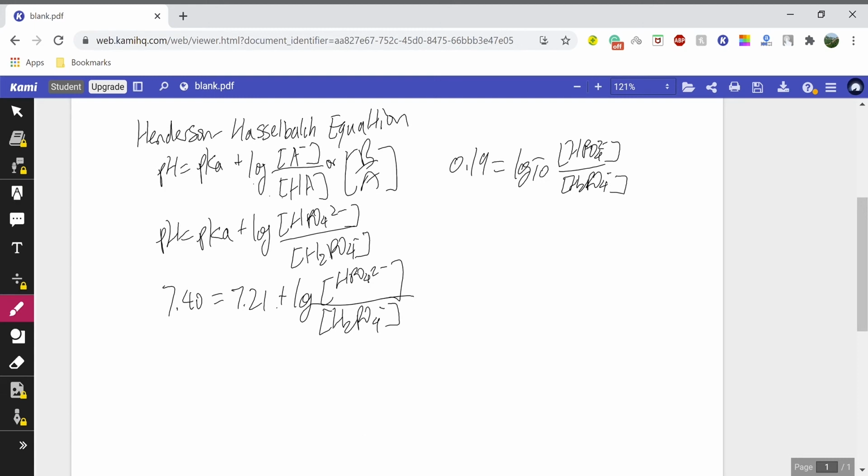Now, if we take 10 to the 0.19 power, we're going to separate this by itself.